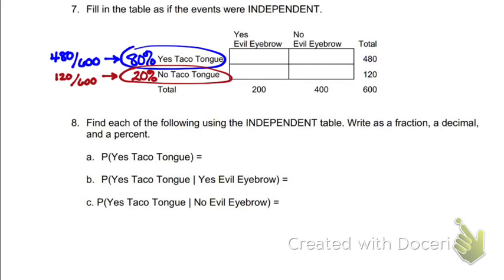What is 80% of 200? Use a calculator if you need to. 160, which means 20% would not be able to. If these were independent, 80% can, 20% can't. Fill in this column for me here.